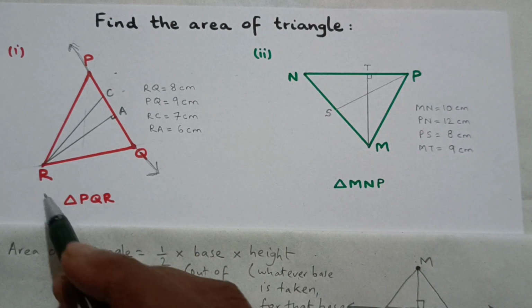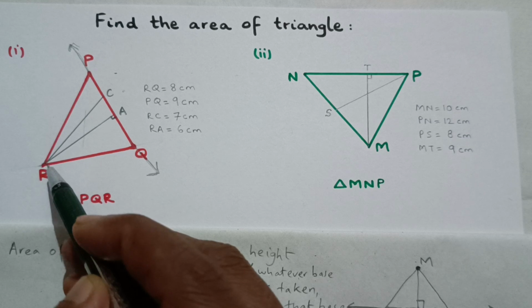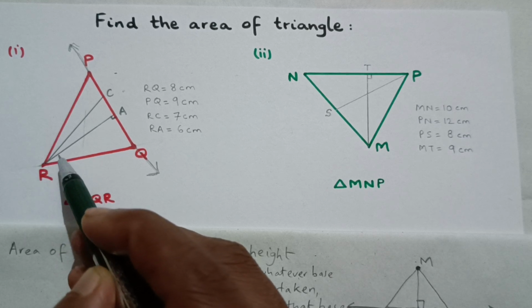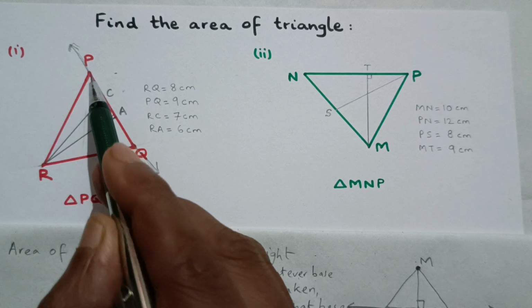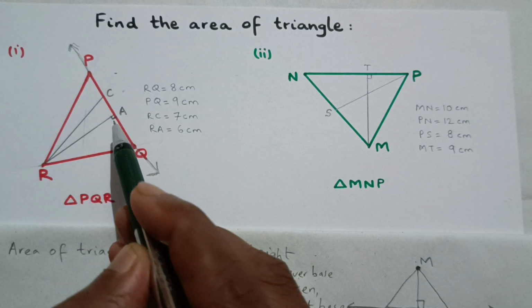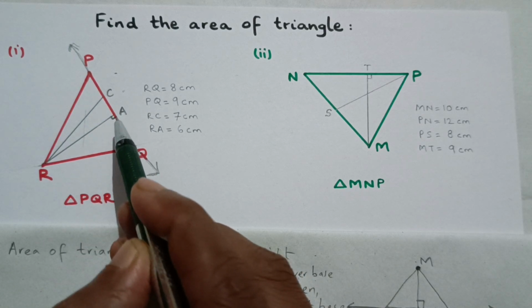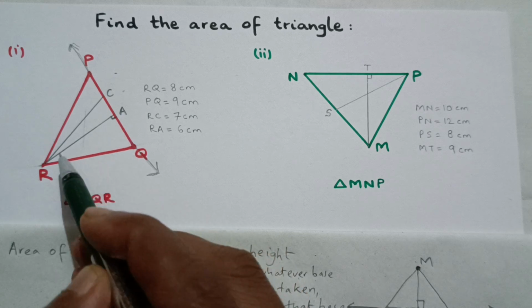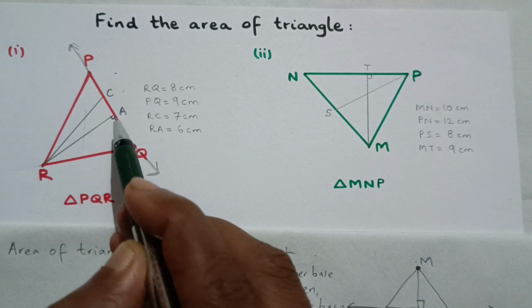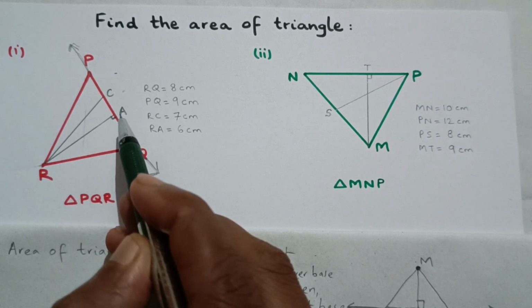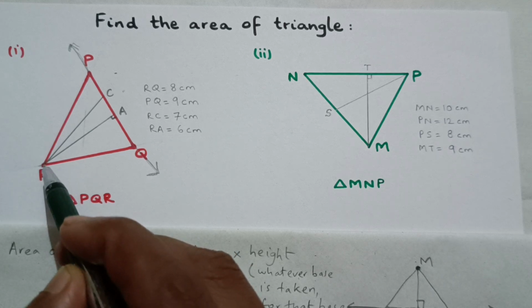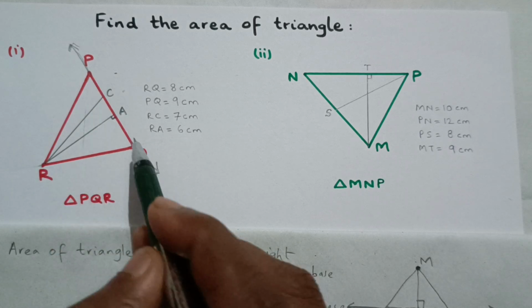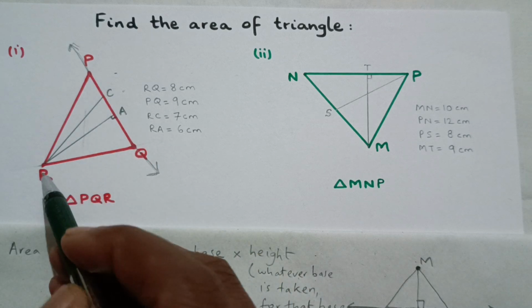So the corresponding height will be the line segment that starts from R, such that that line segment should meet QP at 90 degrees. And we can see that RA is that line segment, because RA starts from R, the opposite vertex for the base QP.